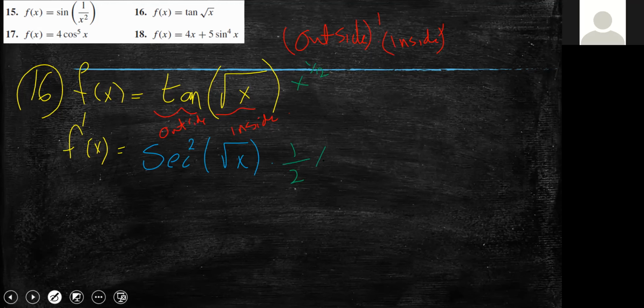minus now the derivative of sine squared of x. Sine squared of x is like this, sine x squared. So its derivative will be 2. I told you yesterday, assume that this is u.